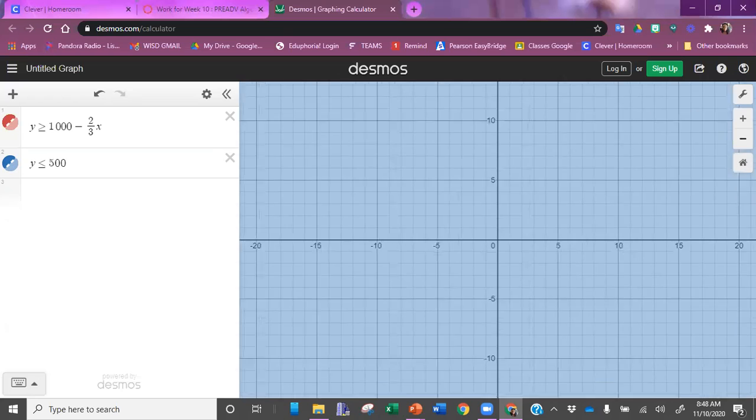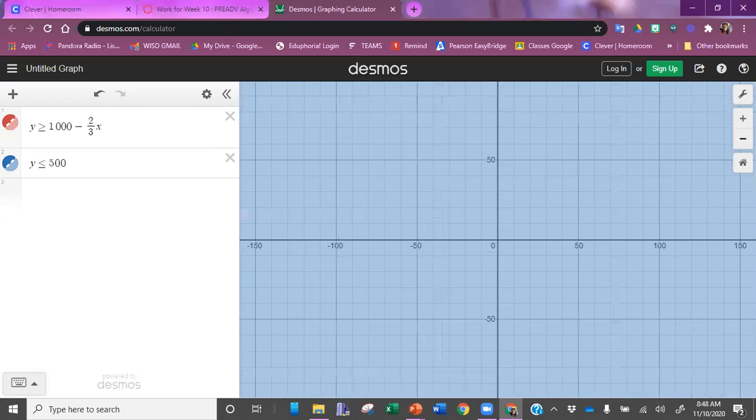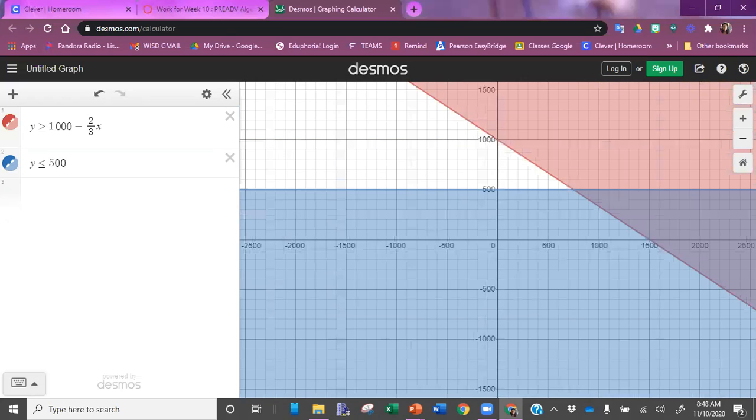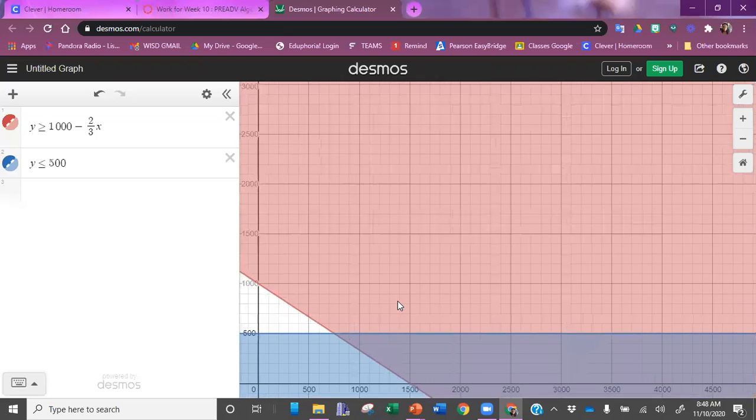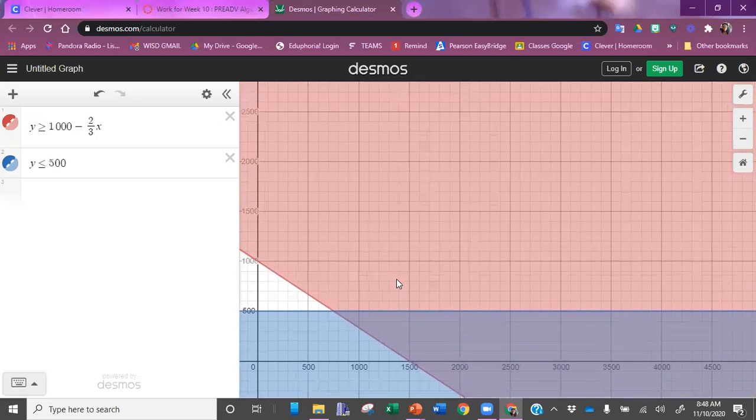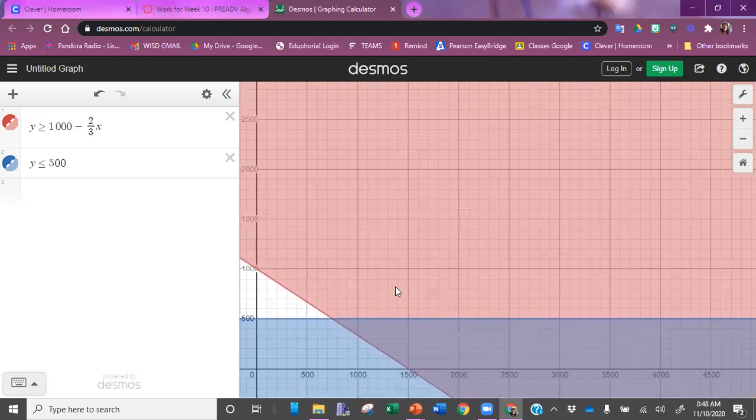And then from the default zoom, you can start zooming out till you see your graph, and if you click and drag, that allows us to put in our final constraints, which means that we're only dealing with positive x's and y's, which means our solution is only in quadrant 1. So our x values have to be greater than or equal to 0, and our y values have to be greater than or equal to 0.